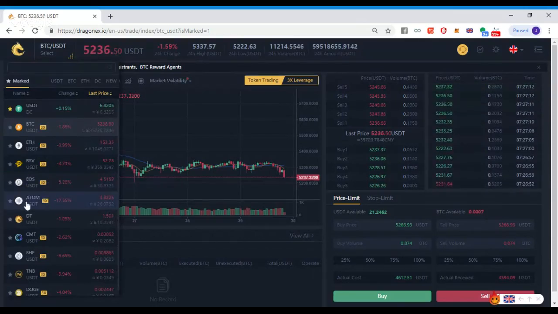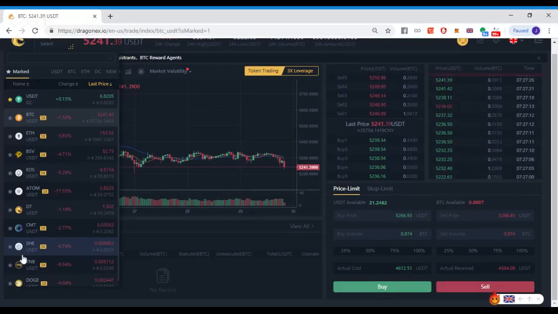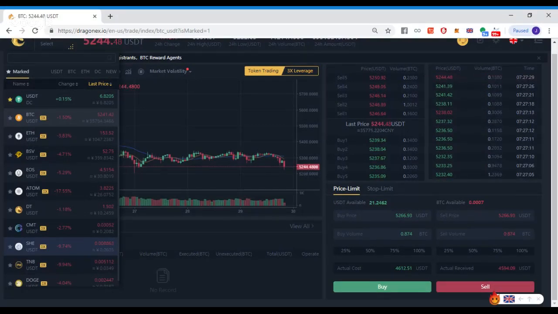You have Atom versus USDT with 3x leverage, which was just recently added, and they've already added a leverage position with it. That's amazing. I like that. You have CyberMiles, or CMT, versus USDT with 3x leverage, and Shine Chain, also just recently added, versus USDT with 3x leverage.